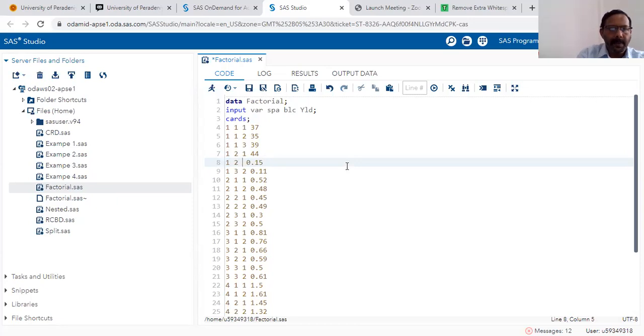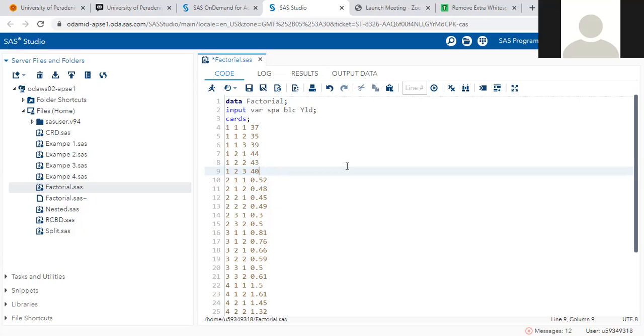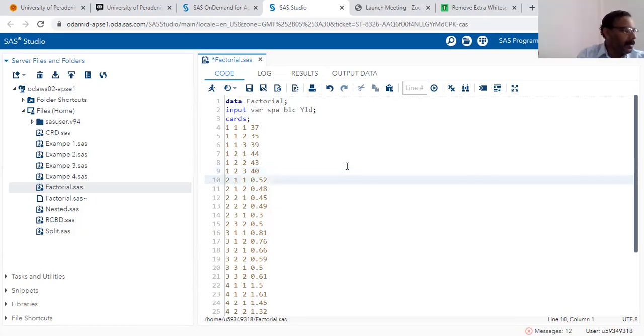Then you'll have to enter the data. It's easy entering data in Excel. That is much better. Otherwise, you'll have to be careful.